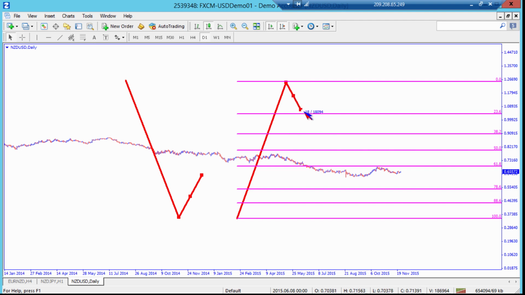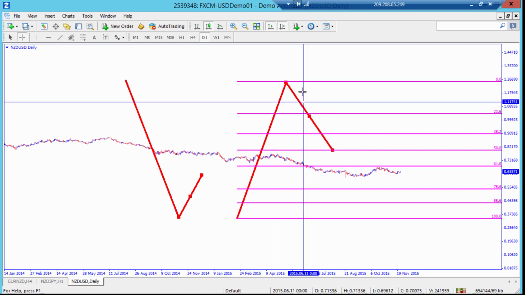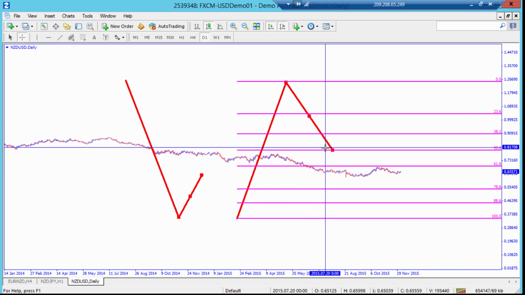In a very strong trend, the market will be pulling back around 23%. In an equally strong trend, or not as strong, between 38 and 50%. This is called a shallow retracement, this whole area right here, from 23 to 50.